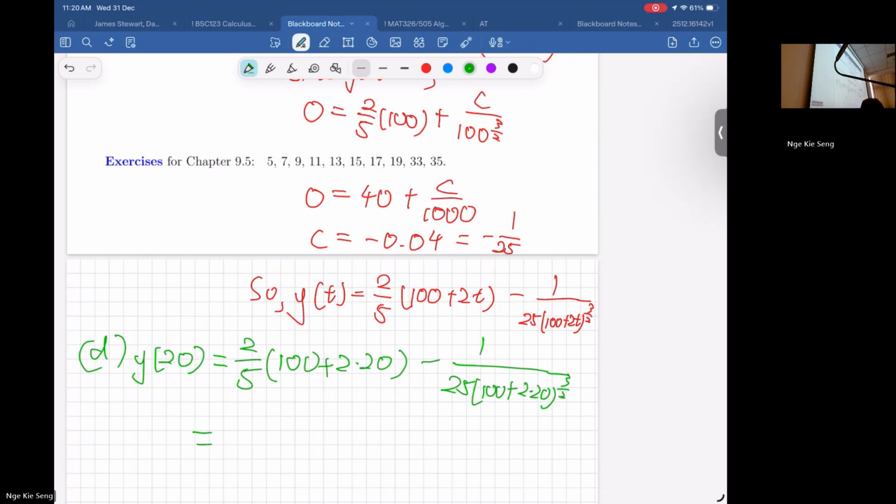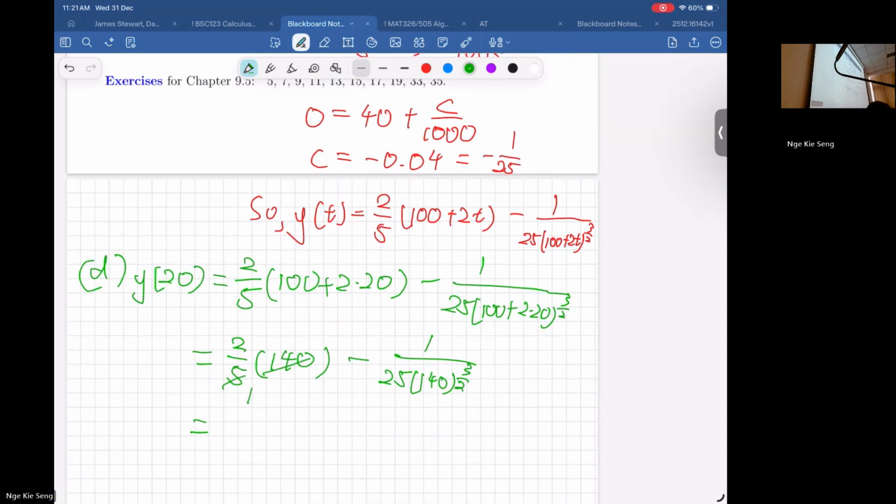Okay, so what is it? What's the cube root of 140 and then square root? Anyone get this? What's this part here? Anyone compute the second term here?